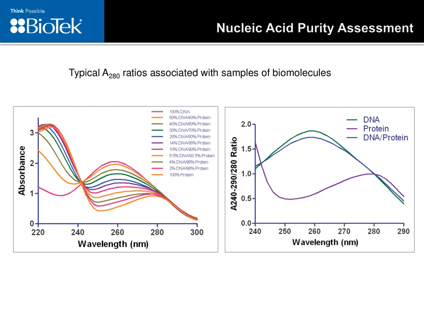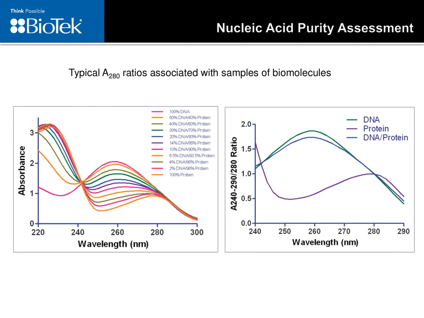So now if we look at absorbance spectra of purified protein or a mixture at different ratios, this is now looking at herring sperm double-stranded DNA, BSA protein, or a mixture of the two.